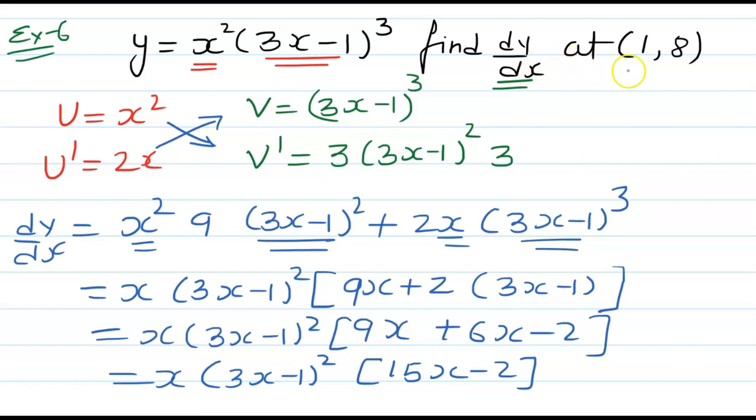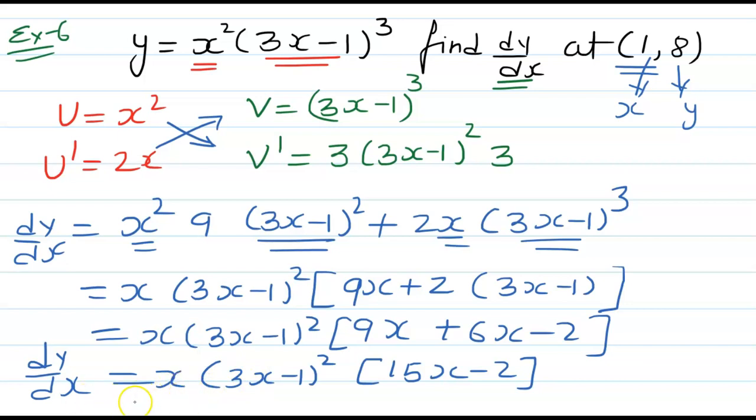Now you need to find dy by dx at (1, 8). So this is representing the x value, this is representing the y value. In your dy by dx, wherever you see x, you just put 1, and wherever you see y, you put 8. You hardly see y, so here is x only. So wherever is x, you just put 1.